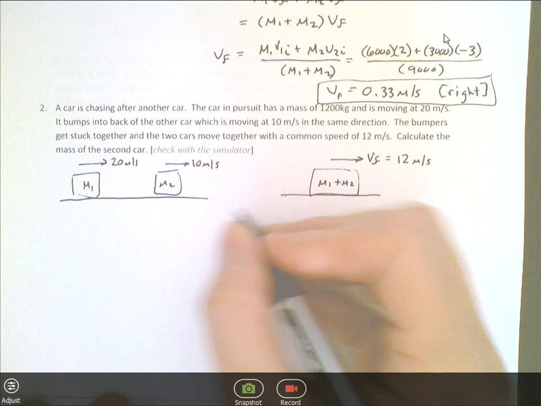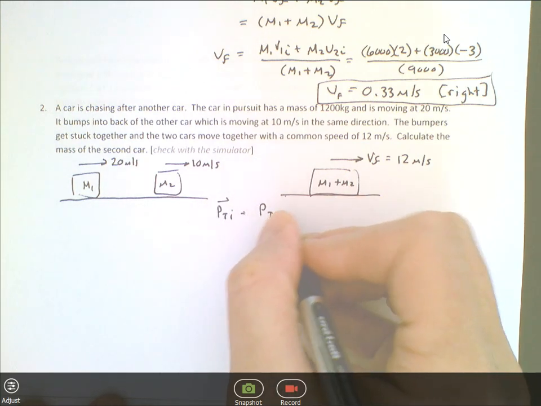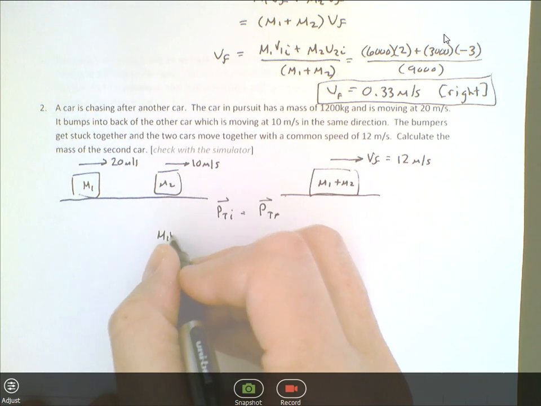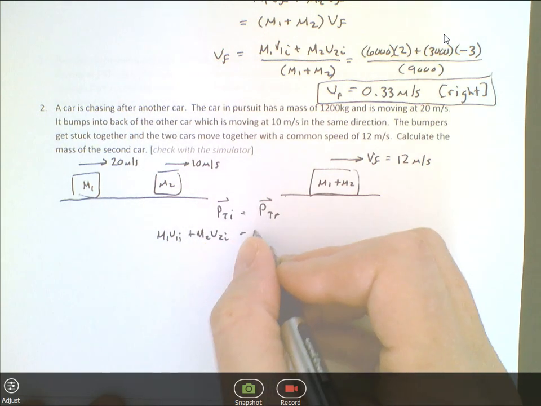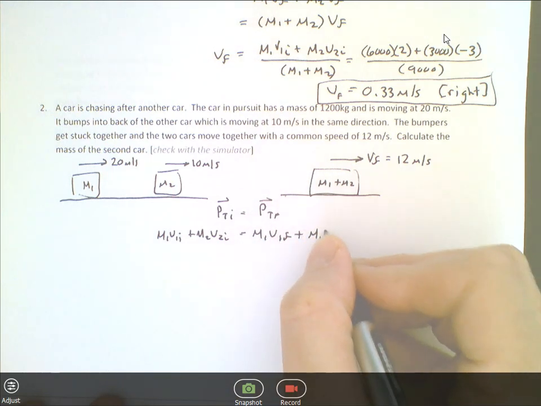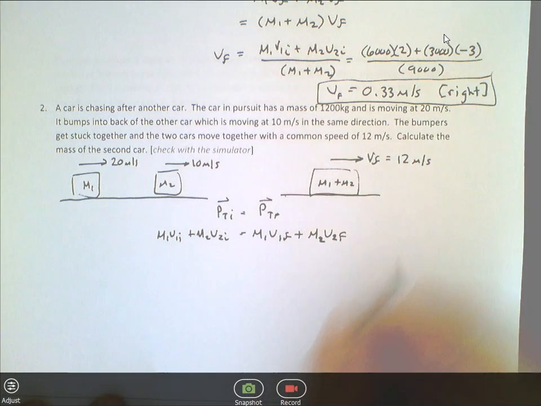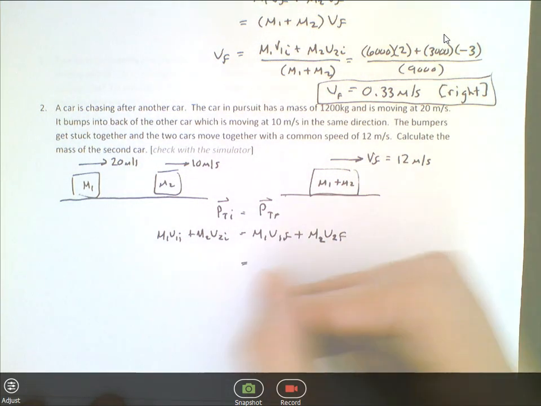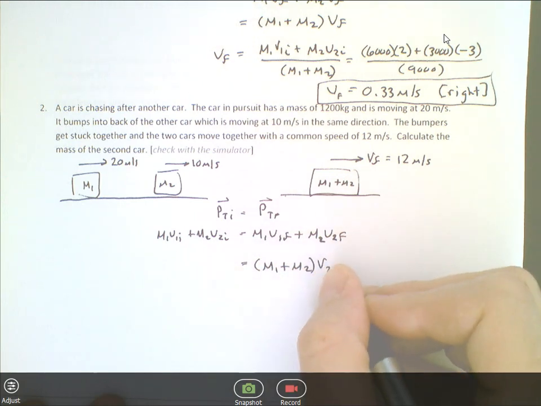And if we write it out, we know that the total initial momentum is equal to the total final momentum. M1v1i plus M2v2i. Okay, and since they are combined, we could common factor it.